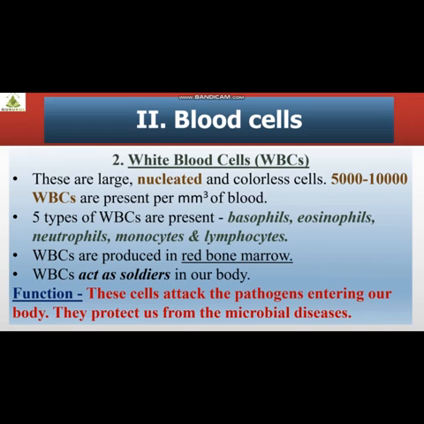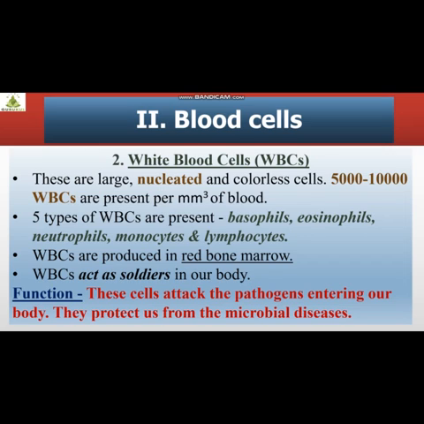Basophils, eosinophils, neutrophils, monocytes, and lymphocytes. These are the 5 types of WBCs. Each of them has specific functions that you are going to learn in higher classes.